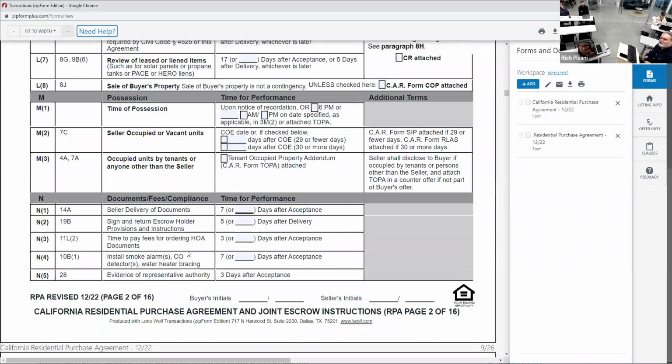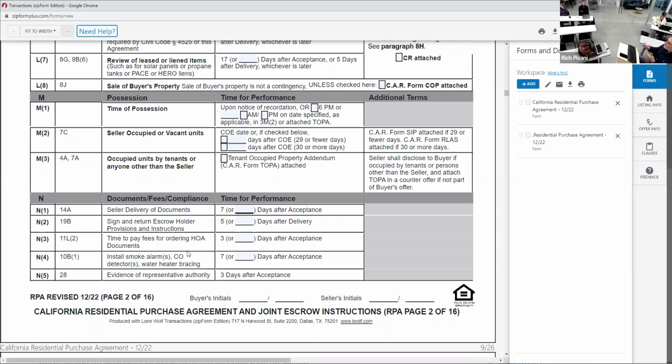Evidence of representative authority. What's representative authority? Representative authority is if the buyer or the seller is an entity. What's an entity? It's a trust, a power of attorney, a conservatorship, a corporation. Those are all entities. An entity can't sign a document.